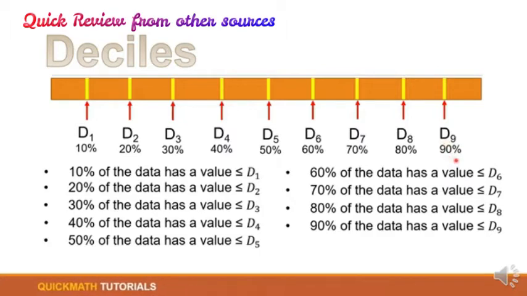So remember, if we are talking about deciles, we have D sub 1 up to D sub 9, and the corresponding percentages go by 10: 10, 20, 30 up to 90%. Last, we have the percentile.